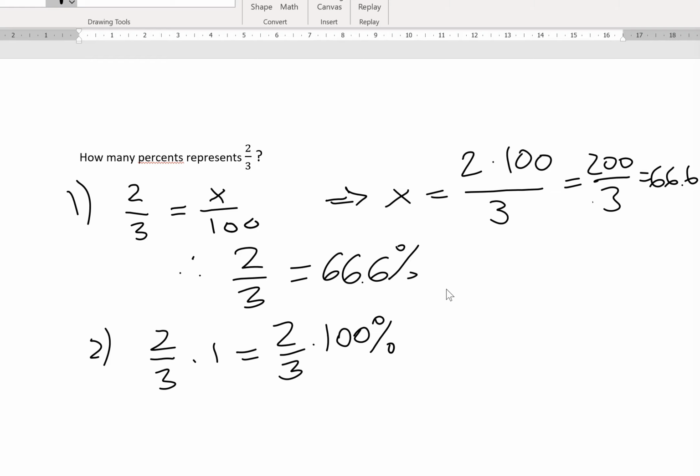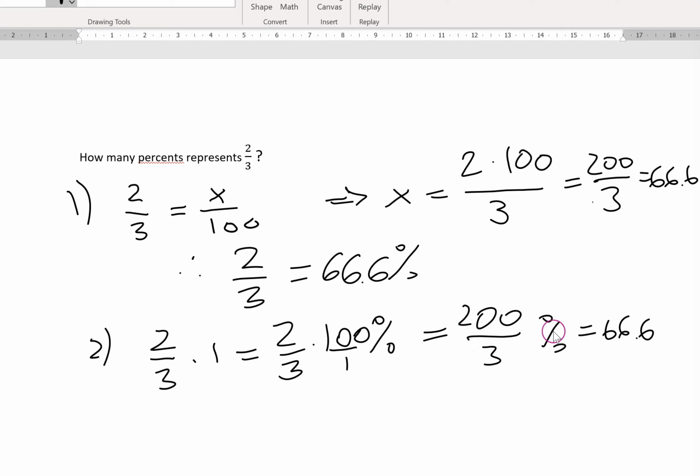Remember, 100% is 1. And from here, ignore the percent sign. You just do the calculations. 2 over 3 times 100 over 1 is 2 times 100 equals 200 over 3 times 1 equals 3. And don't forget to copy the percent sign. So 200 over 3%, which if you divide 200 by 3 is 66.6%.